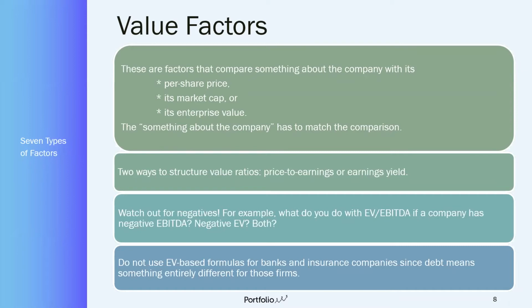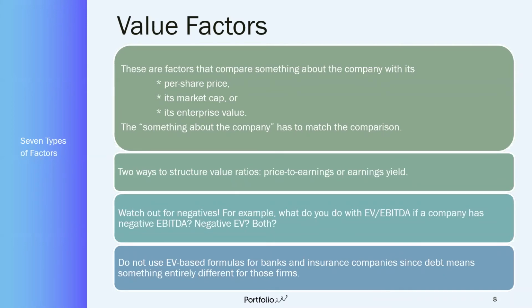And if you're looking at operating income, that is good to compare to the entire firm. But net income is good to compare to market cap. Why? Because you're deducting interest expense from operating income when you get to net income. And interest expense is applicable to the debt part of the company. So you want to use figures that are adjusted for the equity portion of the firm.